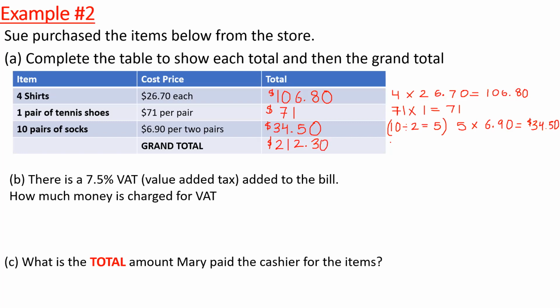And how do we get this? We add, right? So we add 106 plus 80 cents plus 71 plus 34.50. And that's going to give us $212.30.